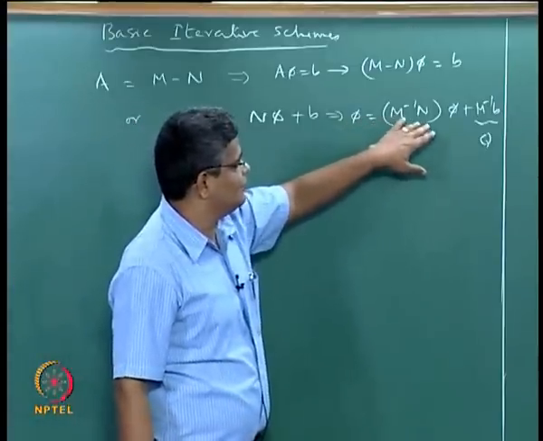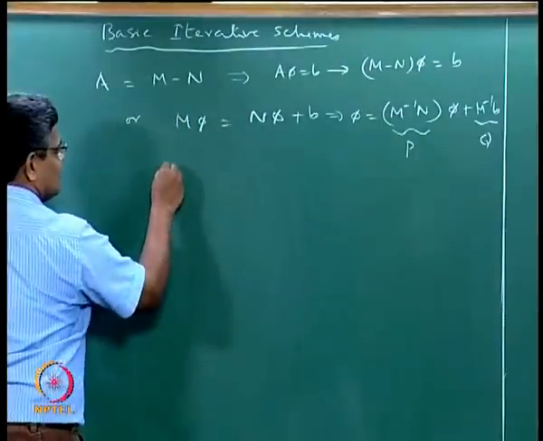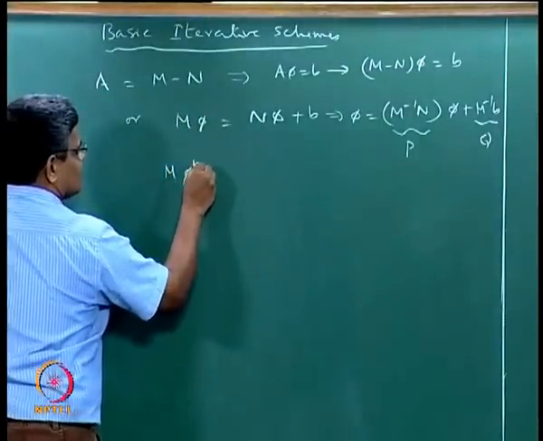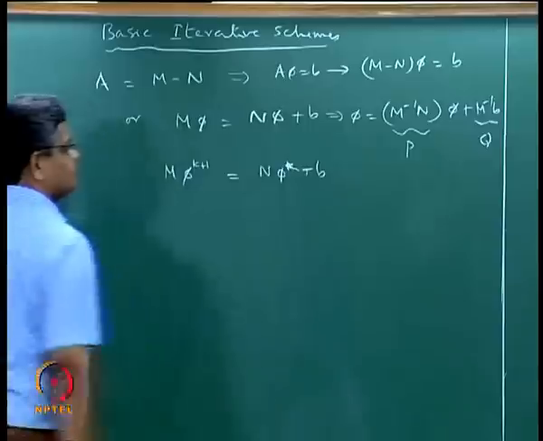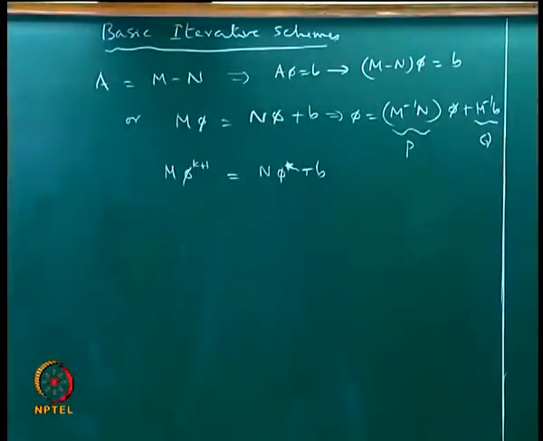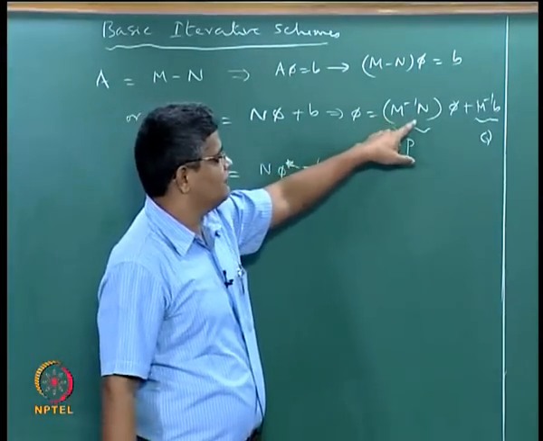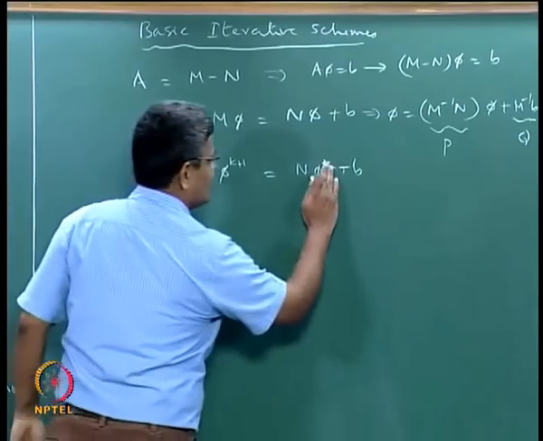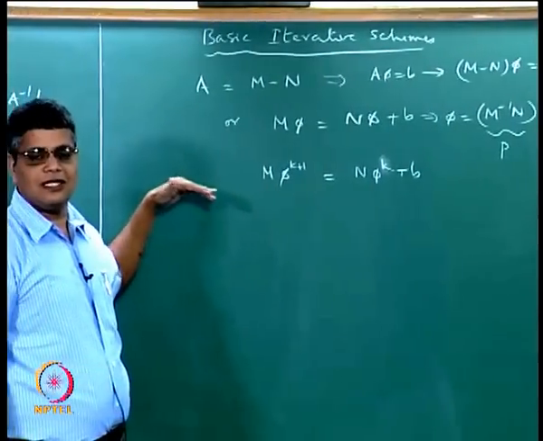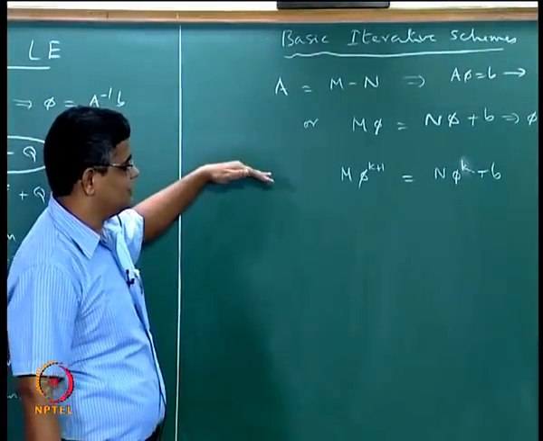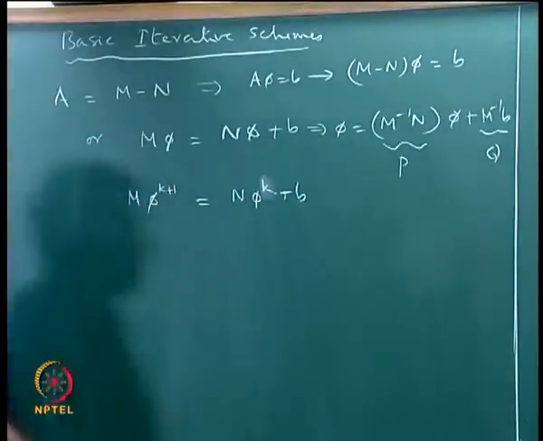Instead of finding M inverse and then doing the products, we go directly here and say that M phi k plus 1 is equal to N phi k plus B. So in these basic iterative methods we do not construct M inverse and multiply, we write it like this, and the solution of this is also very easy, and we will see how easy it is, so that not constructing M inverse is not a disadvantage.